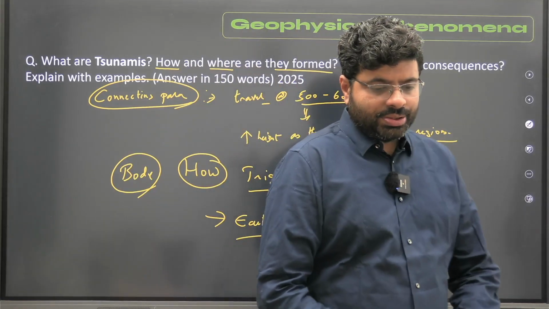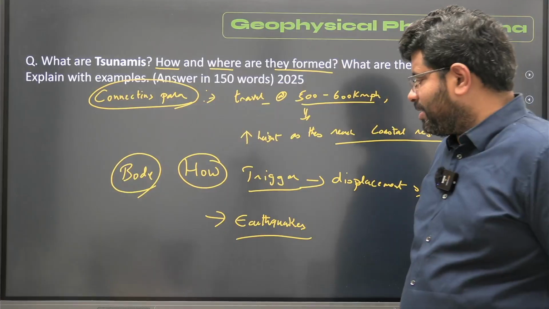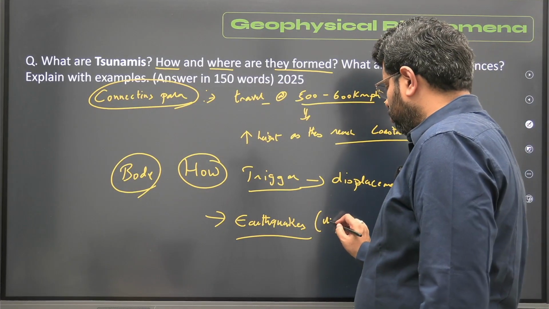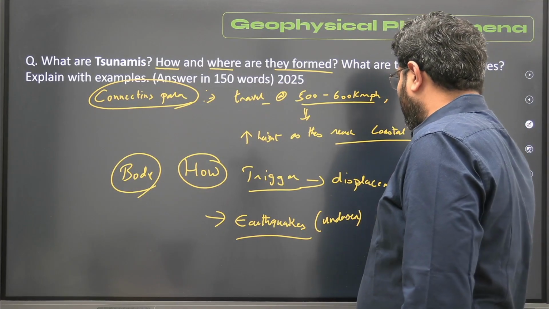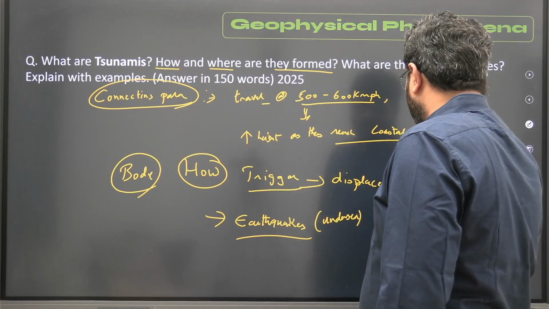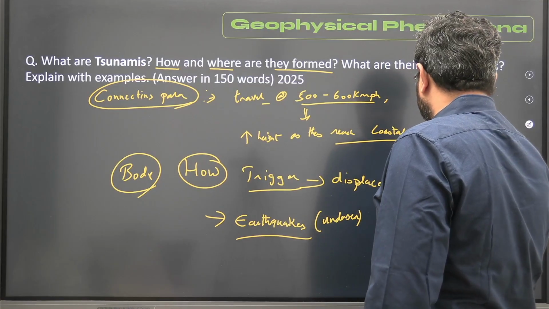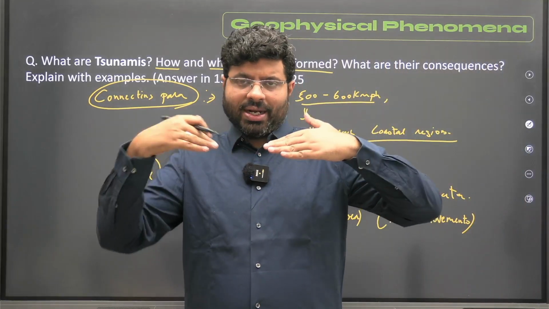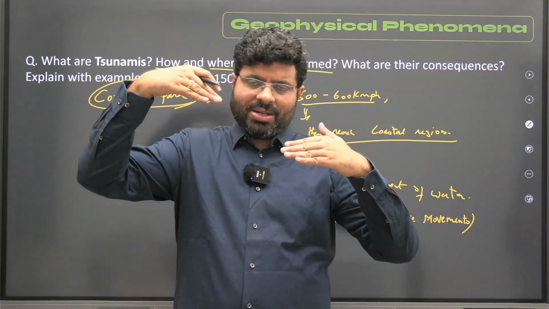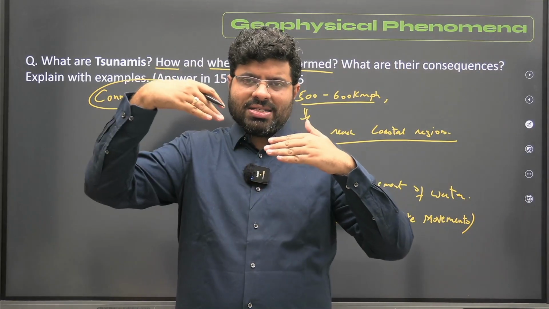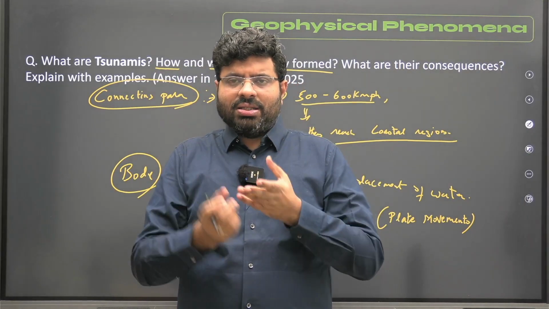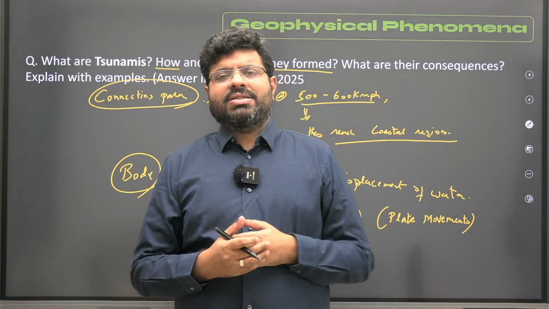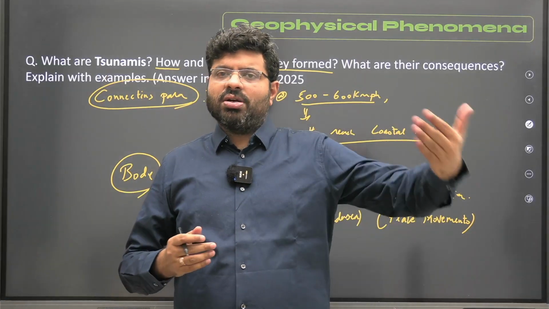The primary thing is earthquakes under the sea, primarily caused by plate movements. So simple, there are plates which are moving under the sea. The plates sometimes subduct below. As they are subducting and the earthquake is released, the water would be displaced. As the water displaces, that will cause the impact.